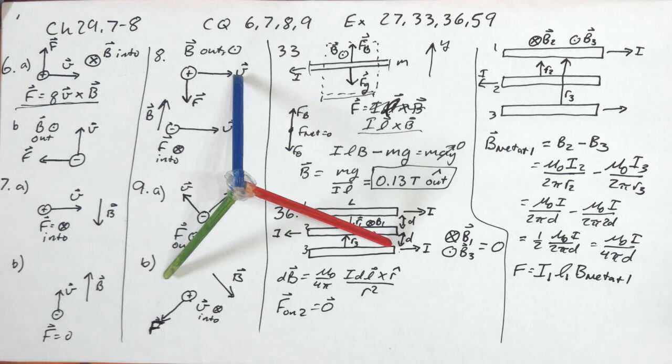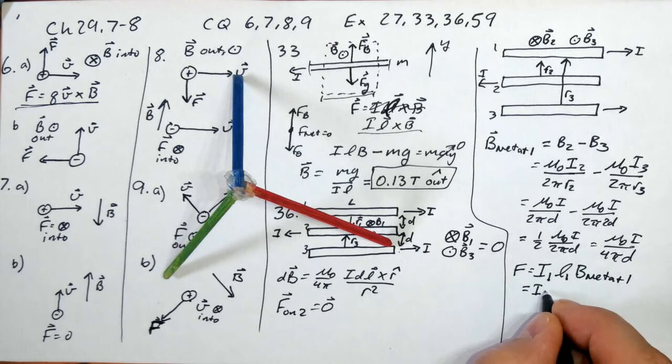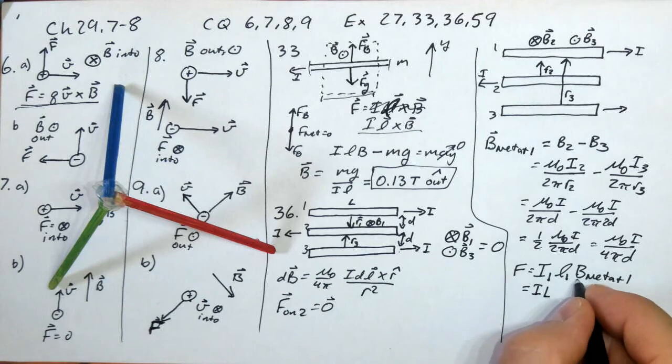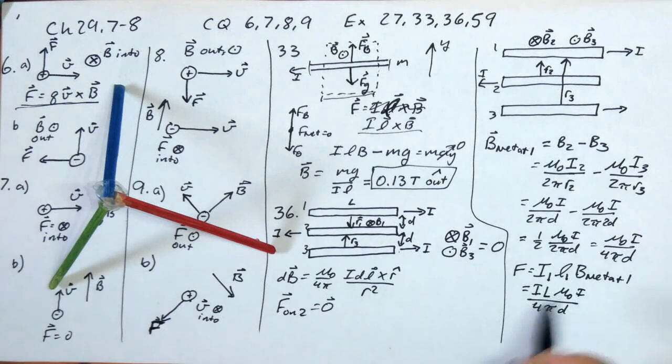Knowing that the I's are all the same, and I have the length, I guess I gave it a capital L over here in my labeled diagram, and then B we just found, mu naught I over 4 pi D, and I can combine the I's and do some simplification, but that's basically it.